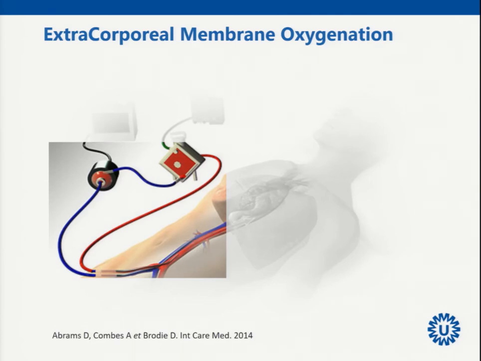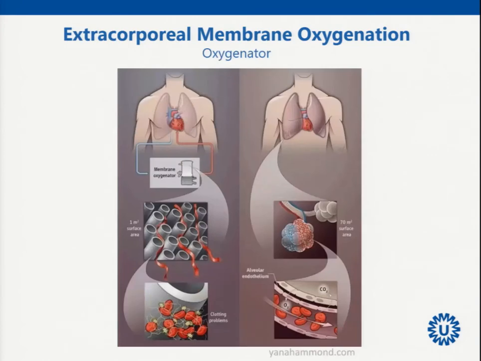So this is a picture of a veno-arterial ECMO, but it could also be given back to the venous system, that would be veno-venous, or to both the venous and the arterial system, and you will come to that in the afternoon when it comes to veno-arterial ECMO. So the oxygenator is working pretty much the same as the native lung, as you can see here in this comparison.